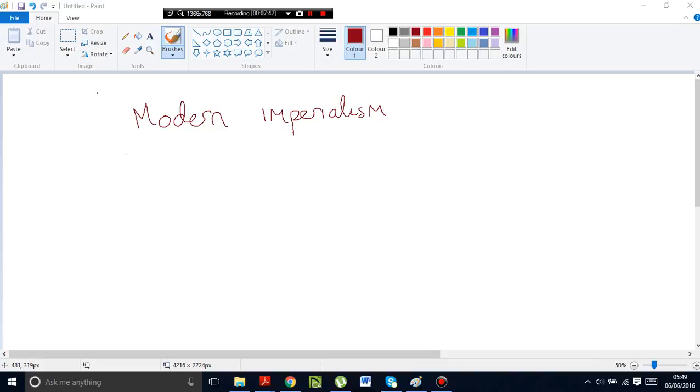They could construct global empires. So in today's usage, imperialism refers to the domination over subject lands in the larger world.